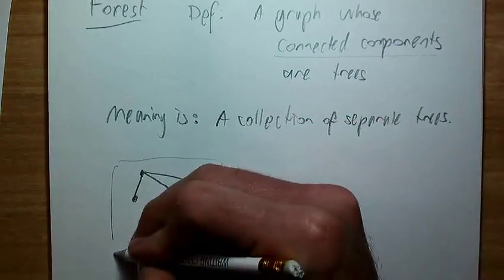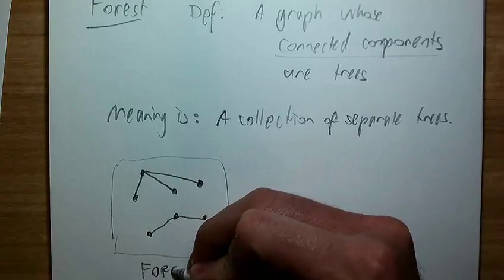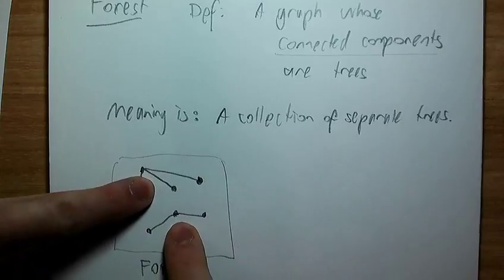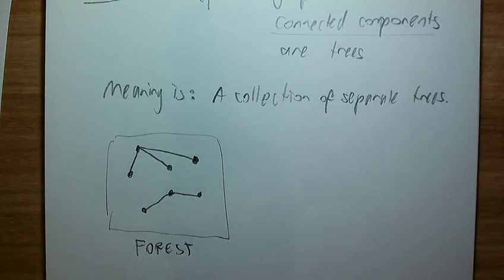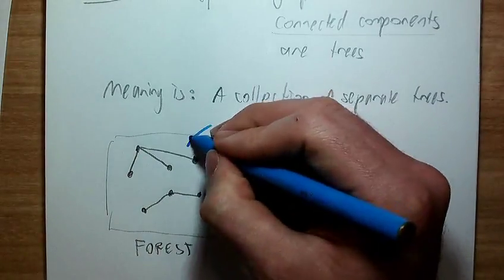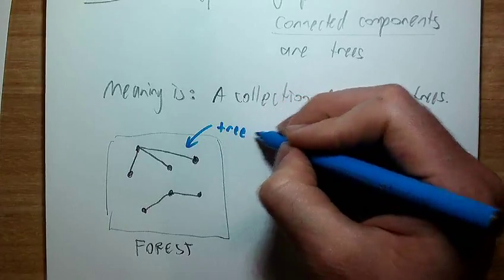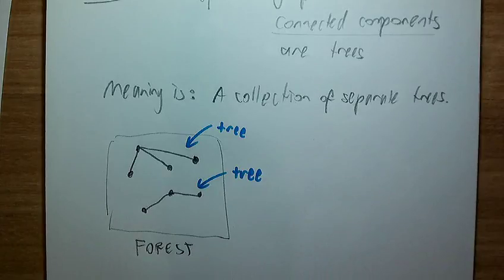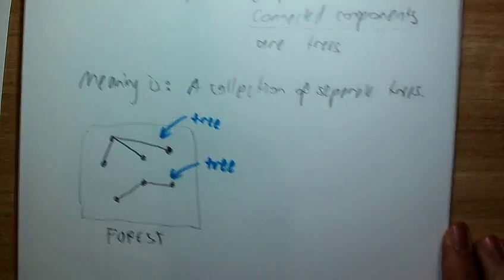That there is a forest, because each piece is a tree. That piece is a tree, that piece is a tree. So we can go like, tree. And it could have as many of those as you like, I suppose.